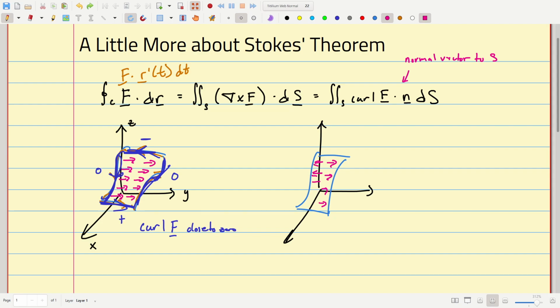Actually, let's not do that. We'll have it split this way. Okay, on the bottom part of the boundary, it should be blue. We're moving in the same direction, so we're going to get a positive contribution.